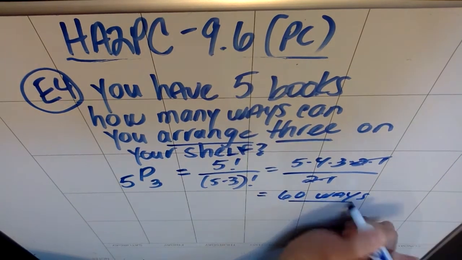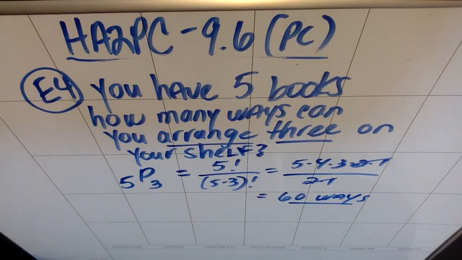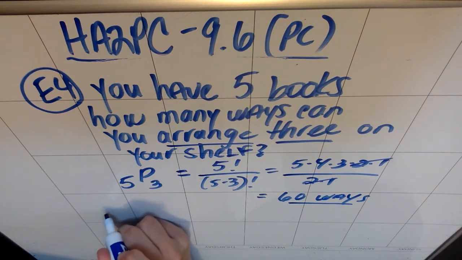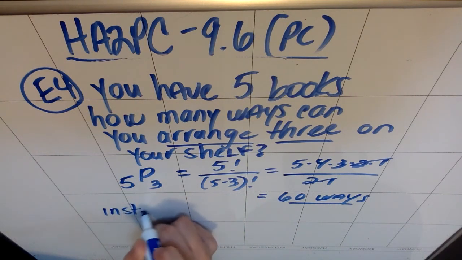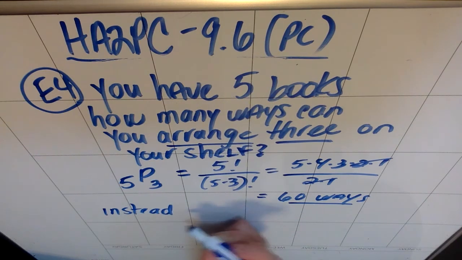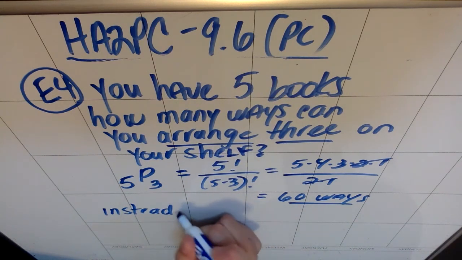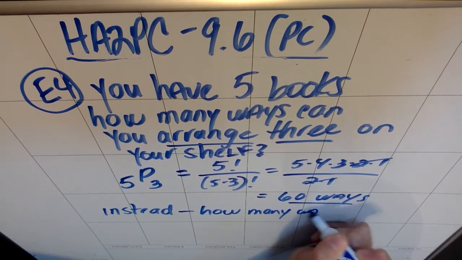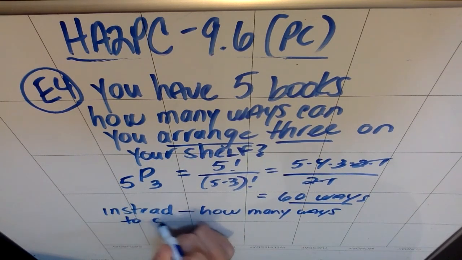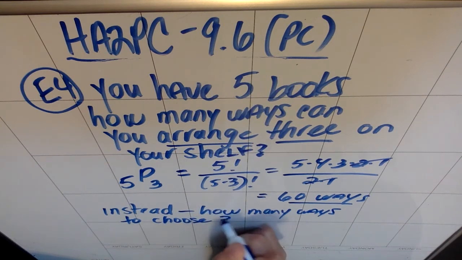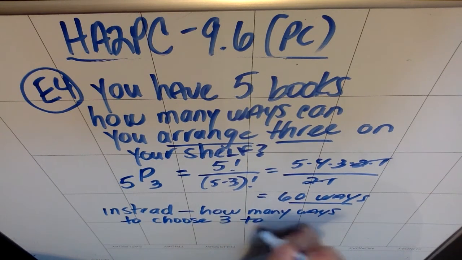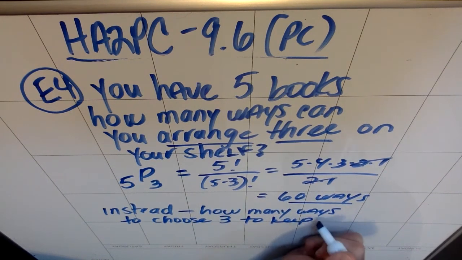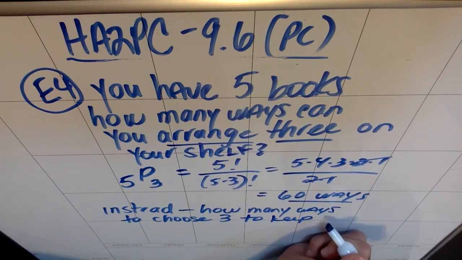those 3 books. Now, if I didn't care about which books, if instead I had asked how many ways to choose 3 to keep, we're not saying it matters what order you choose them in.